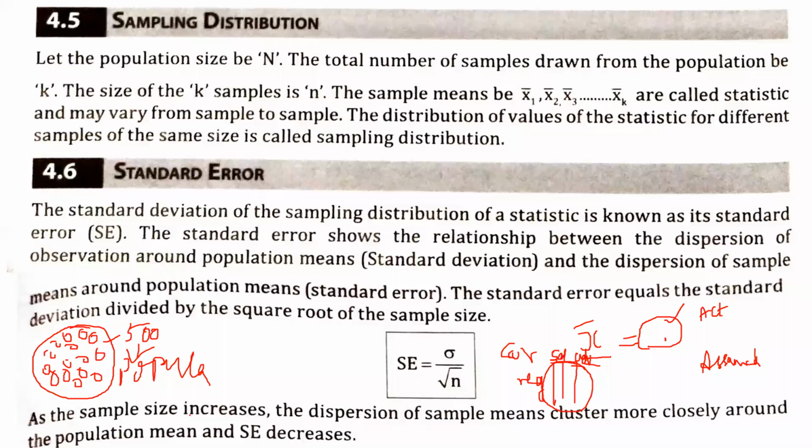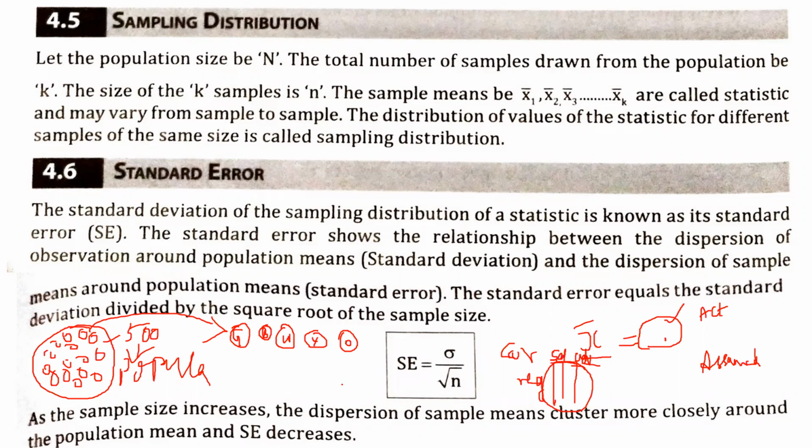Now from this bag, I will close my eyes and I will pick 5 balls from this bag of 500. Let us say the first ball is green, the second is blue, then white, yellow, orange.